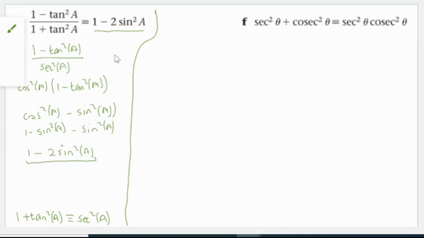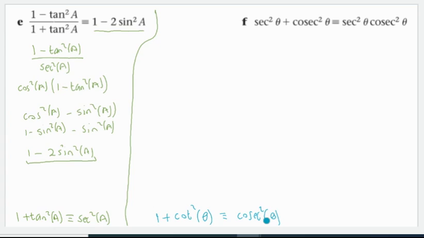Okay. Next, we've got sec squared theta plus cosec squared theta is the same thing as sec squared times cosec squared. Okay, what's going on here? Wow, the sum and the product are the same as each other. Let's also write the other identity: 1 plus cot squared theta is identical to cosec squared theta.